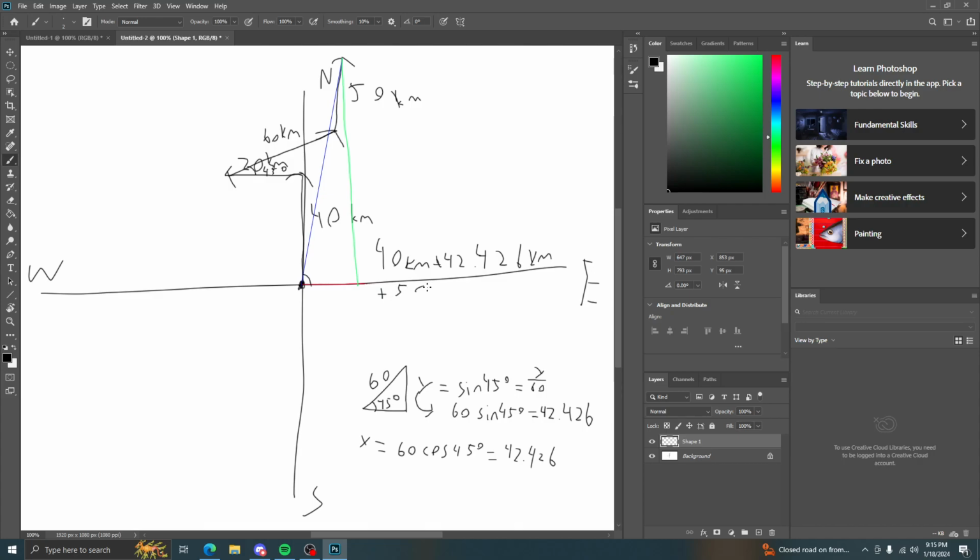In total, you have 82.426, that's going to be 132.426 kilometers total traveled in the y direction.